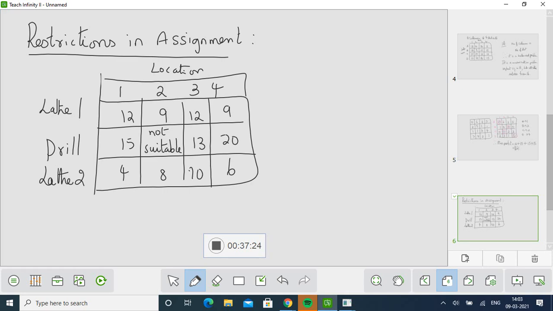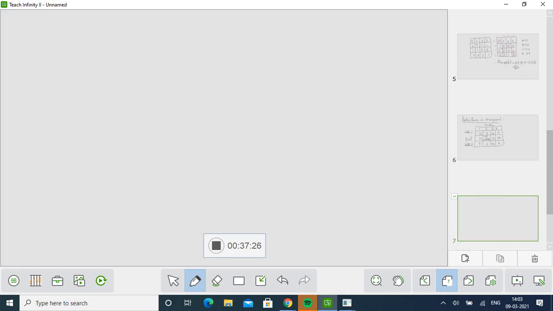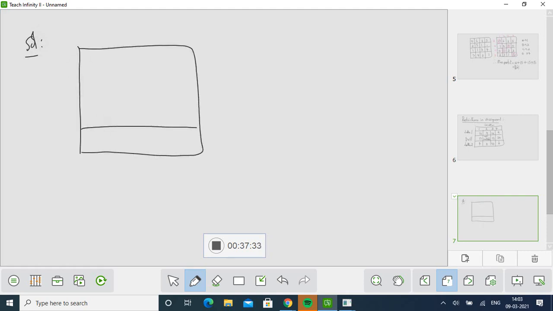Therefore, we'll go to a new slide. The assignment table becomes, you have 4 rows and 4 columns. Can anybody call out the entries for me? First row, 12, 9, 12, 9.